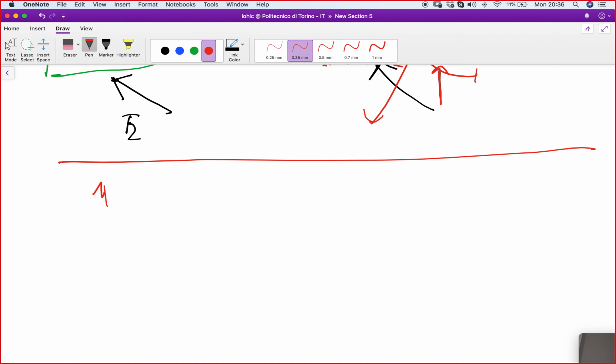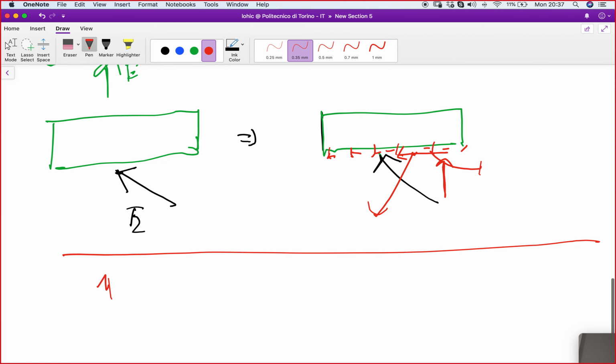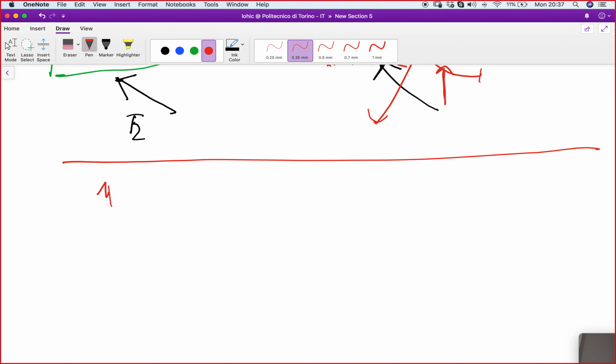Then we saw that if there is an external field, this field should always be perpendicular to the surface of the conductor. Otherwise, the charges on the surface of the conductor will move. Is all clear? Okay.